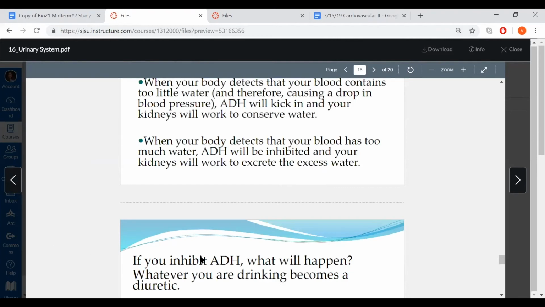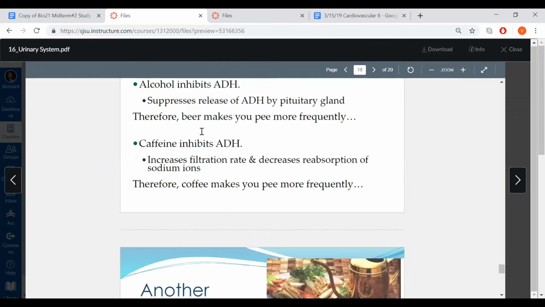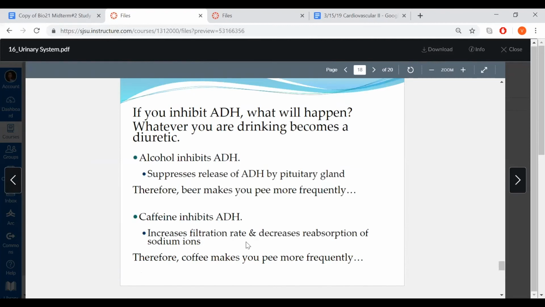Or sorry, it makes you pee more, sorry. Caffeine and alcohol, if that makes sense. So alcohol and caffeine make you pee more because they affect the secretion of this ADH hormone. Let me know if you guys have any questions on that.